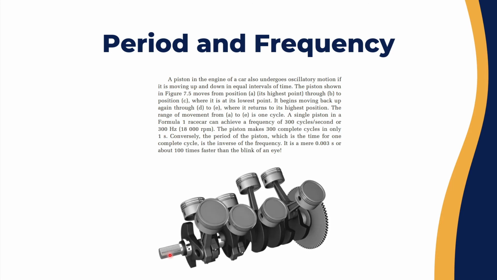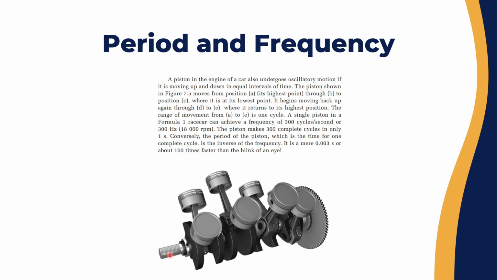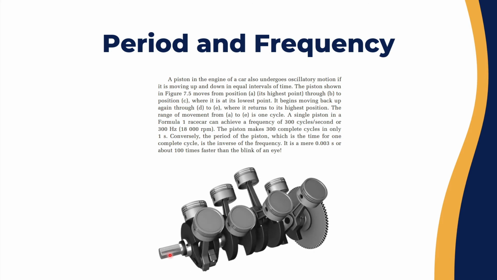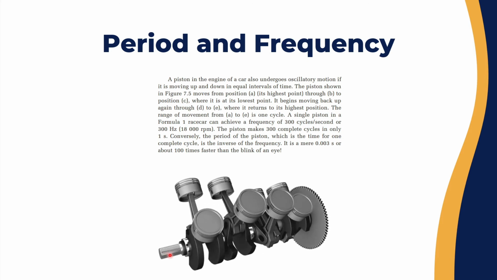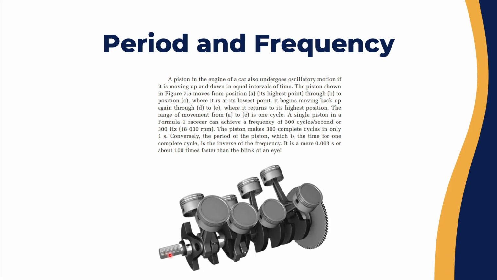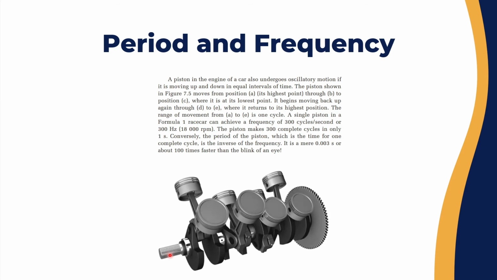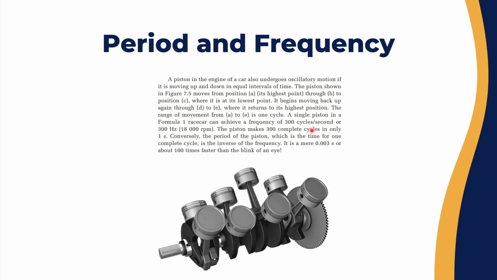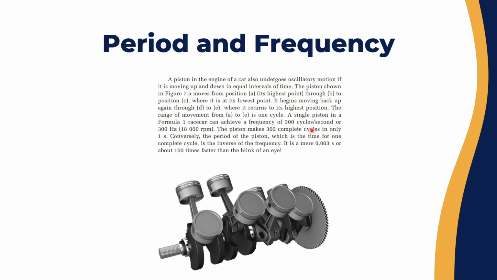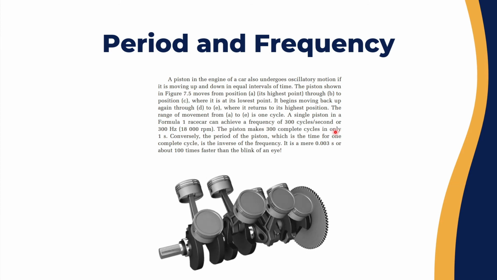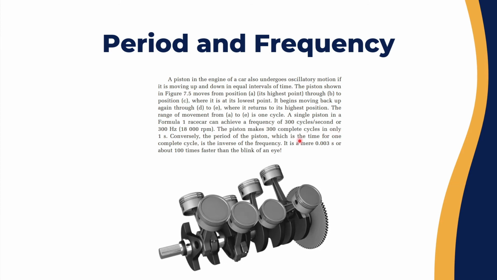Those pistons move from the highest point to the lowest point, and they keep moving up and down over and over again. A single piston in one race car can achieve a frequency of 300 cycles per second, or 300 hertz. So the piston makes 300 complete cycles in only 1 second, which is crazy and impressive.